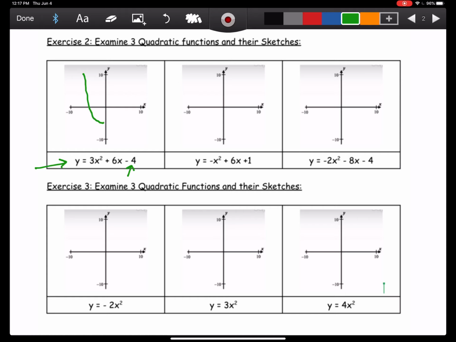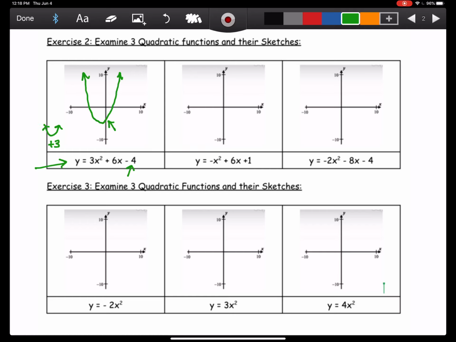Let's see if I can match what the graphing calculator looks like. Notice where it's crossing the y-axis. Notice it's a little shifted off to the left side. But most importantly, notice how it opens up. So the positive leading term, the positive 3, tells us that it's going to open up.